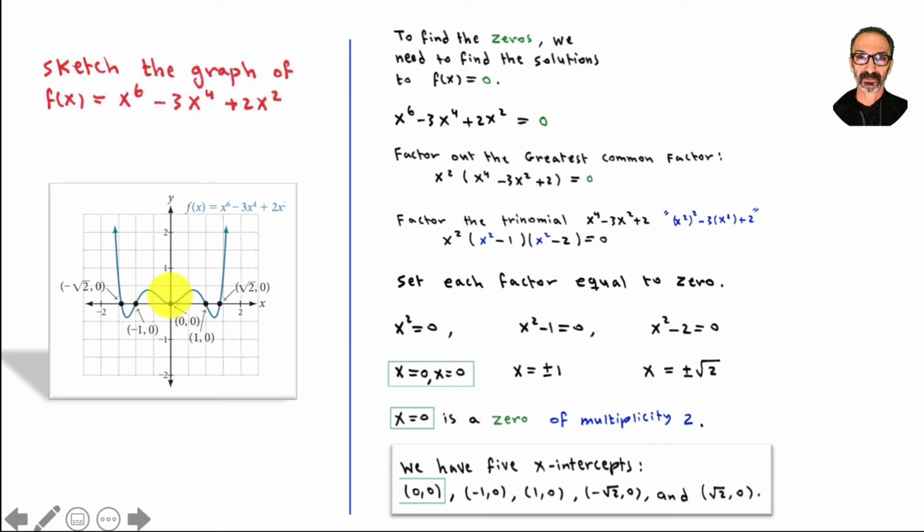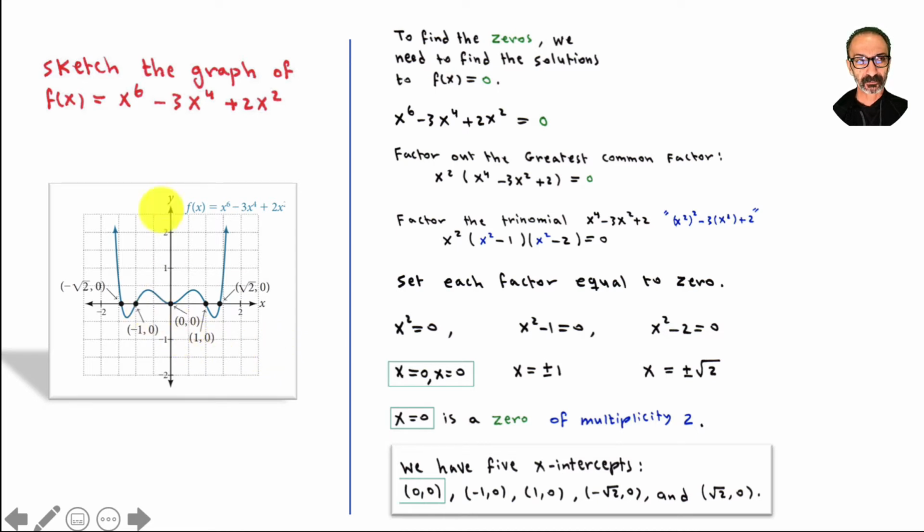You see at 0, first of all, this is to the power 6, so it's even. And this is an even function. Even means opens up on both sides, or opens down and reaches down to negative infinity on both ends. We talked about that in the last video on end behavior.